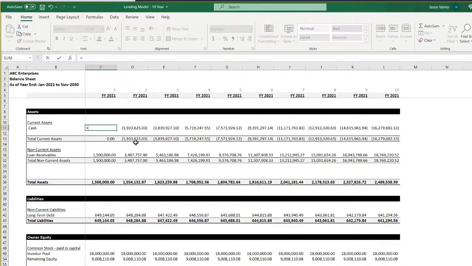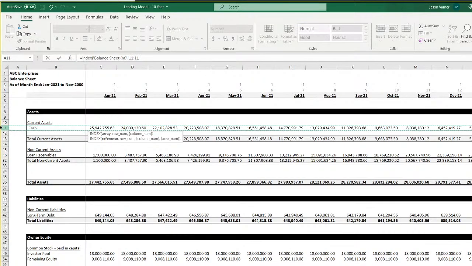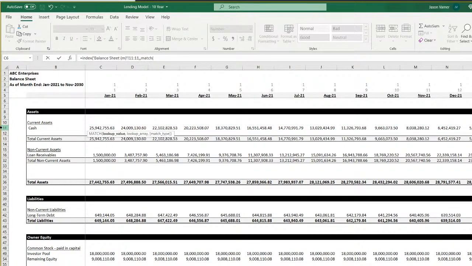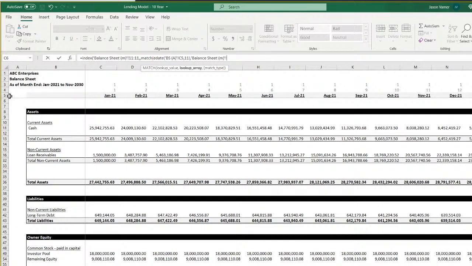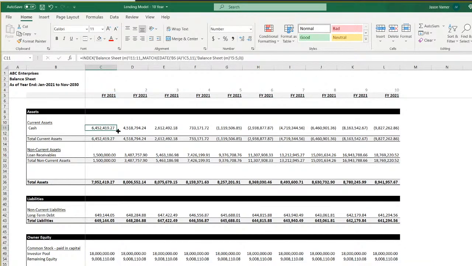So we should be able to do an index on here and just pull the balance sheet cash amount. If we match the end of the year, so E-date this, comma 12, or no, I'm sorry, comma 11. And then that should be that.